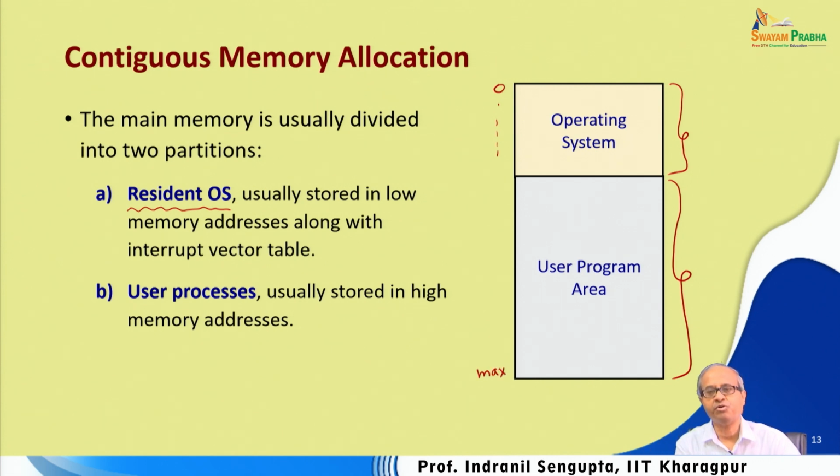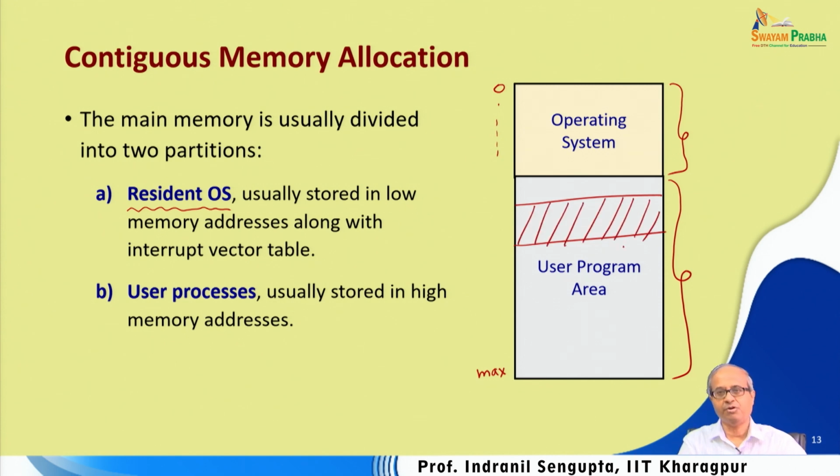There can be one or more user programs loaded in that part. And the point is that whenever you load a process or a program, it must be allocated a contiguous memory segment, not half in one place and half in some other place, but all together in one place.